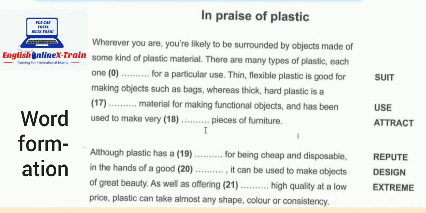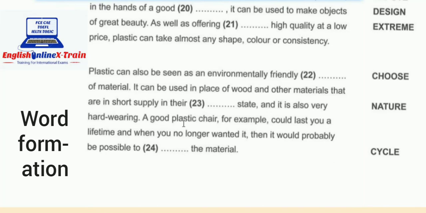Today, we are going to work on a very interesting and important part of the FCE exam, which is the word formation part, found in the reading plus use of English part of the test. Well, first of all, we have to understand what this is about. You have a piece of text, as you can observe here, with some gaps.